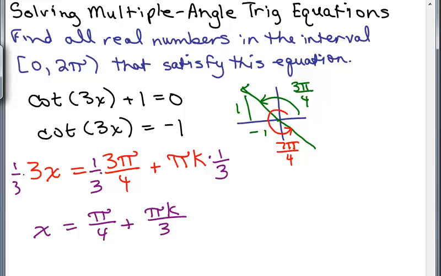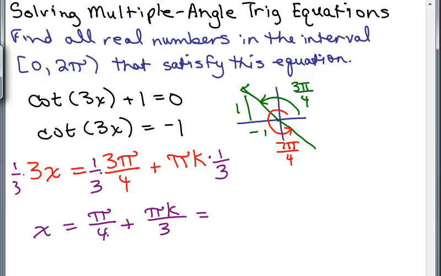So if I wanted to find my solutions in the range from 0 to 2 pi, my first one I can see is going to be pi over 4. And then my second one, when k is 1, I'll add pi over 3. Notice I don't have a common denominator. So it's going to be easier to write both of these terms with a common denominator, and that would be 12ths.